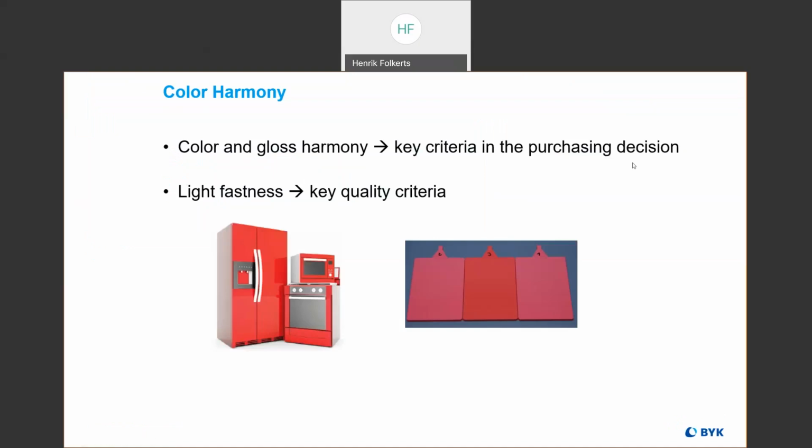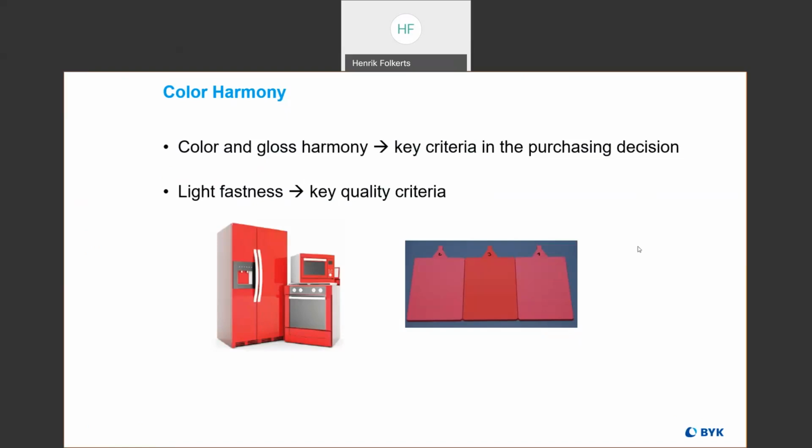So first of all, why do we care about color? Color harmony is important because customers consider it important in the purchasing decision. Consumers like to buy things that they think look good, and color harmony is a big part of that.